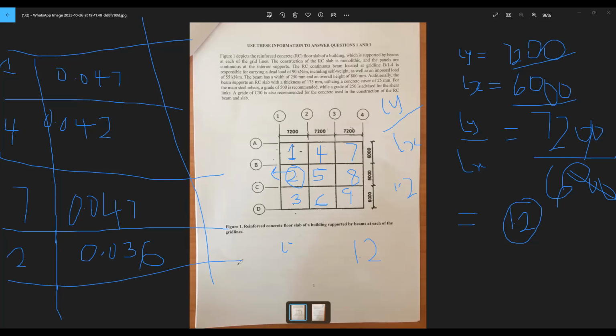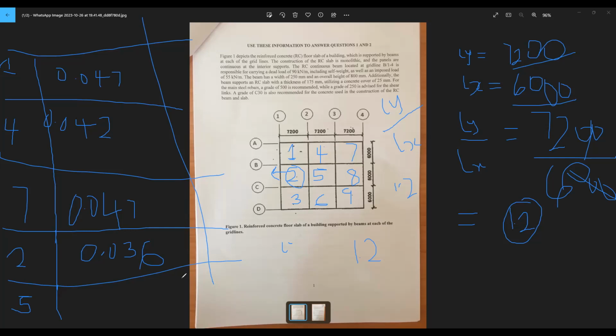Then let's move on. Let's go back to panel 5. I am not doing it 1, 2, 3, 4, 5. You have to do it whichever way you would want, but don't be confused. So panel 5, that is what we classified as an interior panel, since all of the sides are continuous. So for interior panel, that's the first classified panel at the top there, you check positive moment at midspan.